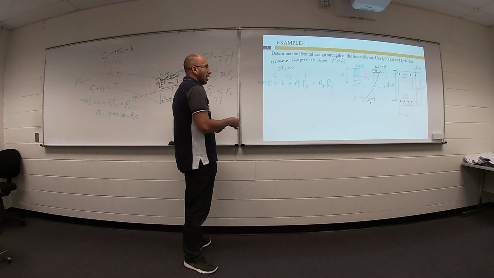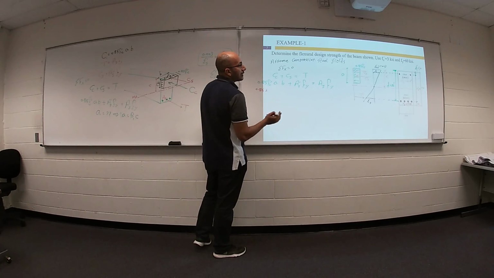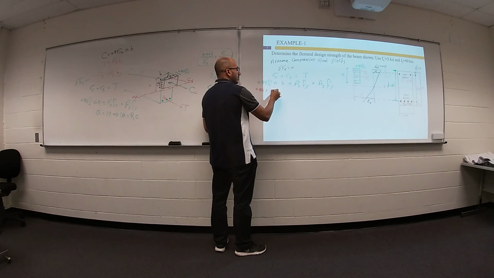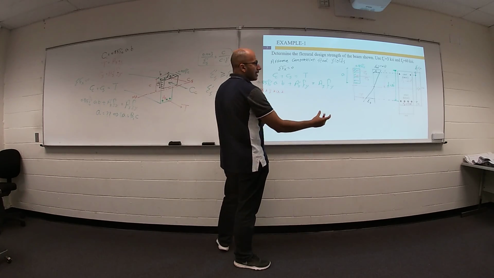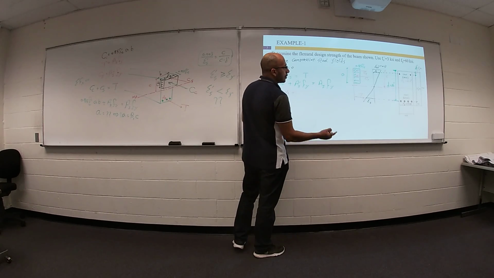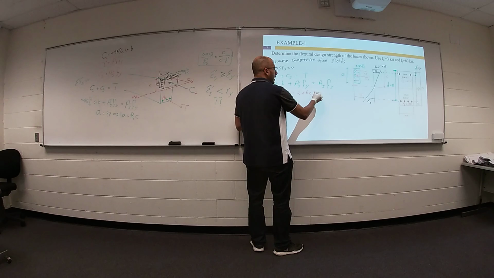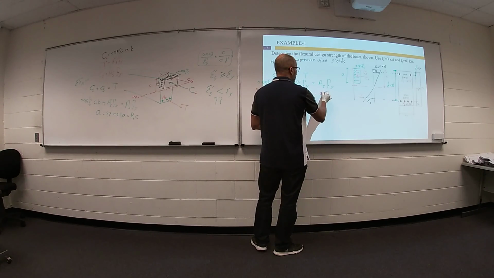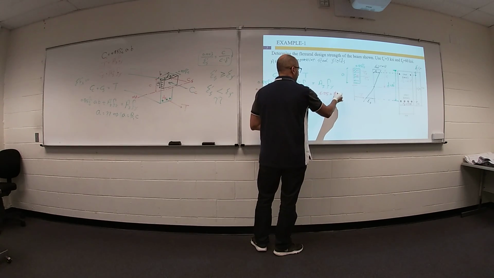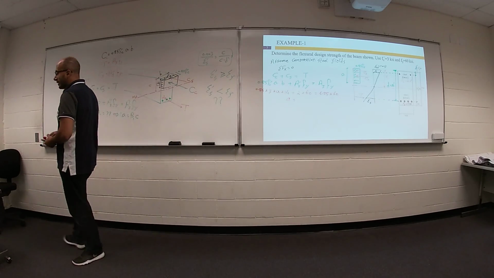Go ahead and put in your numbers. 0.85 F prime C, 3, times A times B. What is B? 14 inch. Plus area steel prime, 2 inches squared, times F yield 60, equals area steel 6.25 times 60. The only unknown in this equation is your distance A.